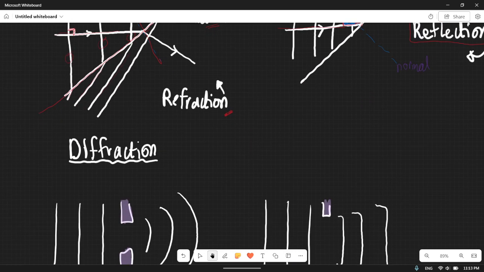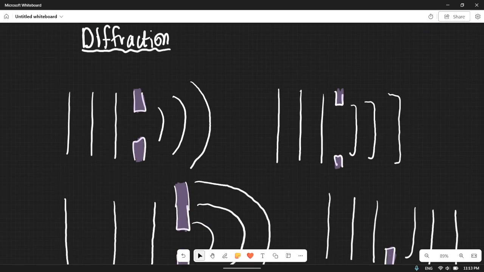Then we move on to diffraction. Now, you need to know some different situations for diffraction, okay? So the first one is that when you have waves like this, the distance between them is lambda, as we know. So when it's moving through a barrier, it diffracts, okay?